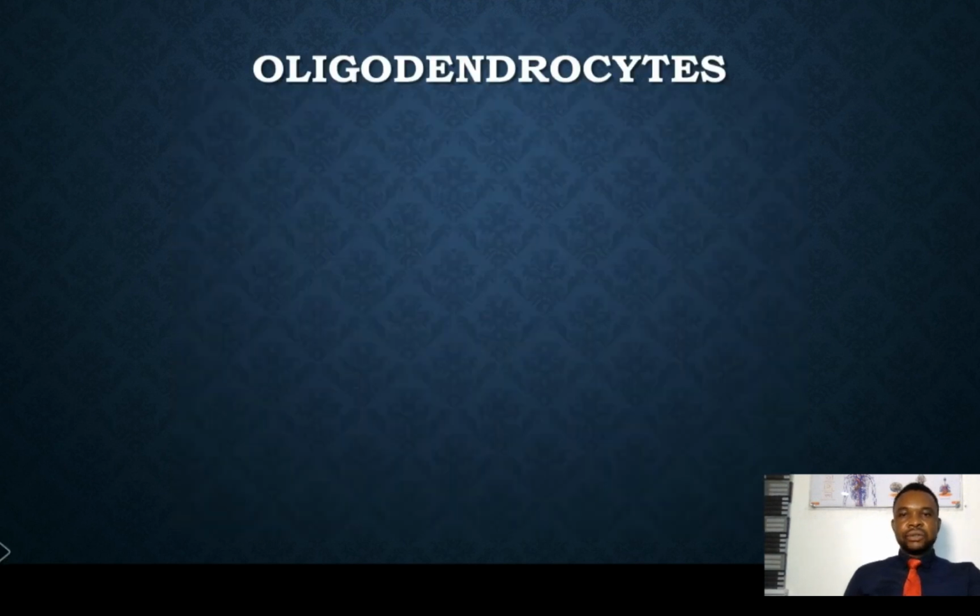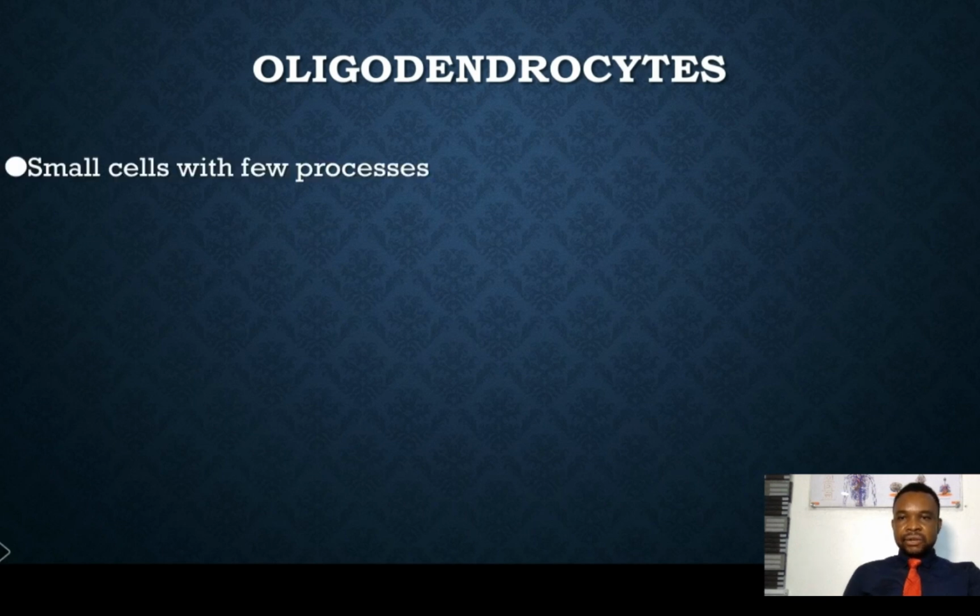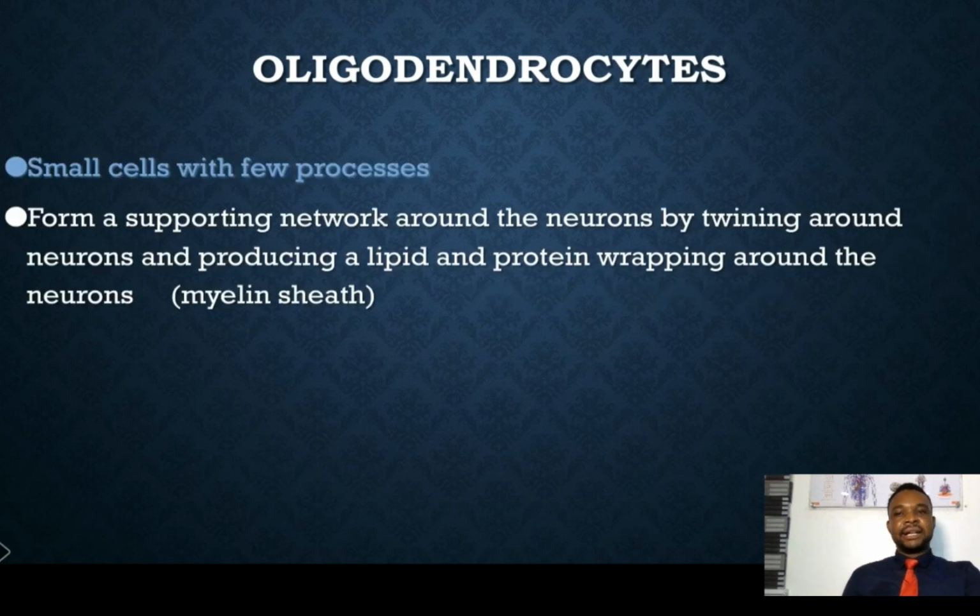The second one is the oligodendrocyte. Oligodendrocytes are small cells with fewer processes, unlike the astrocyte that had numerous processes. They form a supporting network around neurons by producing lipids and proteins wrapping around the neuron.